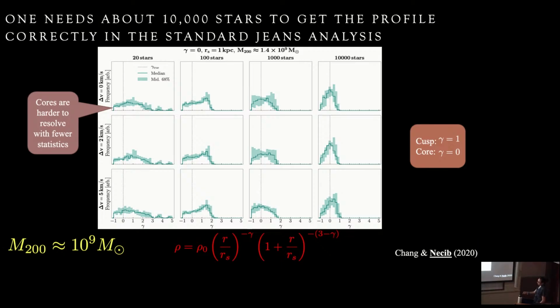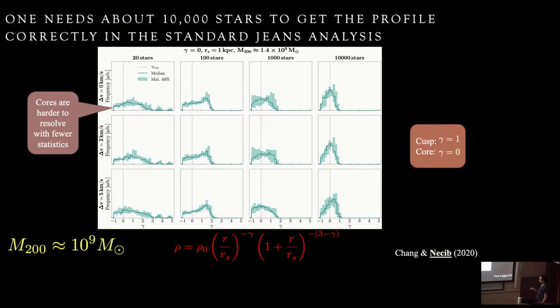What you would find for, again, massive dwarfs here is that in ideal cases, definitely with 20 stars, it's going to spit back your prior. Like basically, that's exactly what it's doing. With 10,000 stars, you can disentangle a gamma equals 0 from a gamma equals 1.